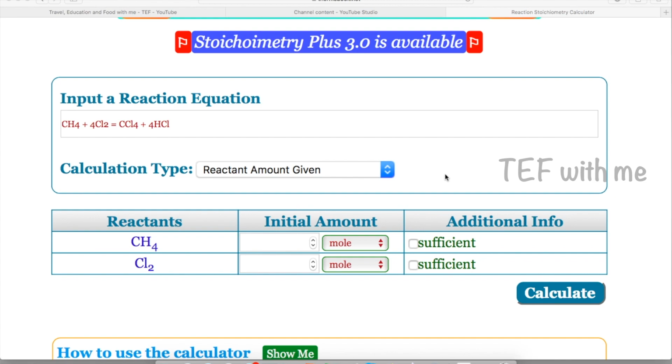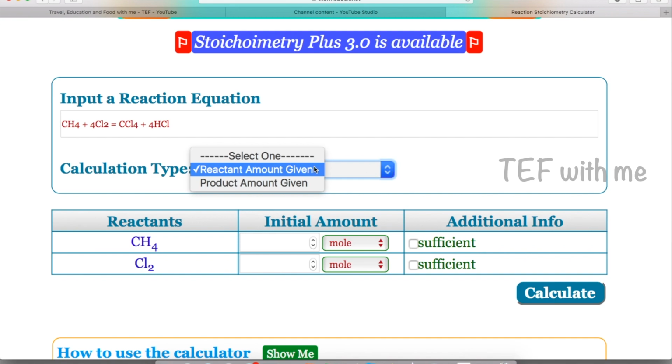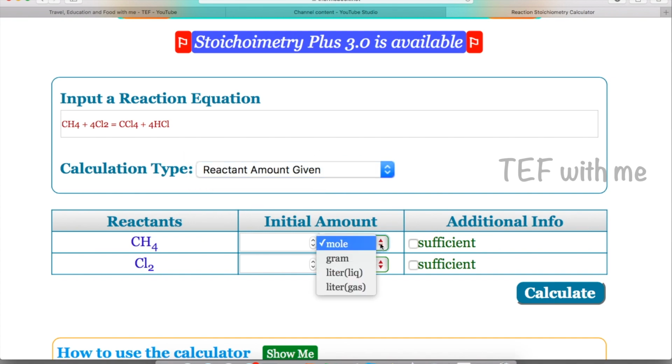Suppose you want to calculate from the reactants, meaning how much methane and how much chlorine you have. For example, you have 5 grams of methane and 3 grams of chlorine, and we can calculate how much product we can produce. So for that I have chosen reactant amount and methane.